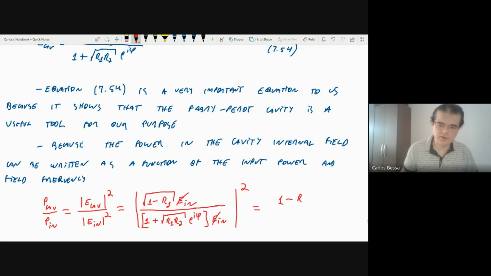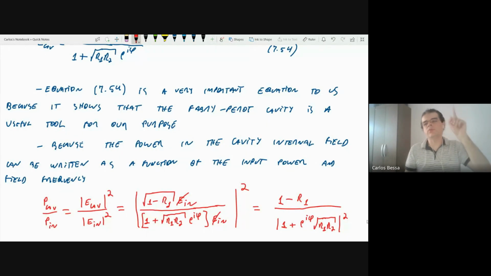equation 7.55. 1 minus R1 divided by the modulus of 1 plus exponential i phi R1 R2, squared. Okay, because remember, R1 plus R plus T is equal to 1, so this is always smaller than 1.